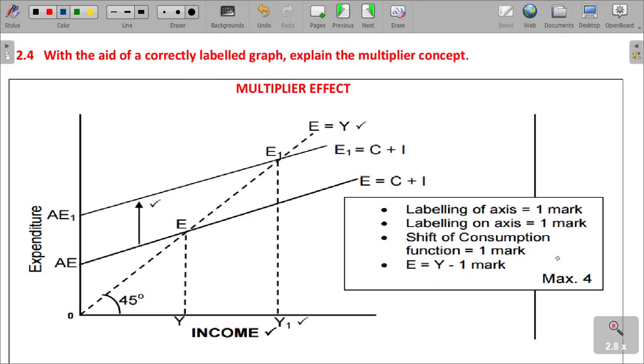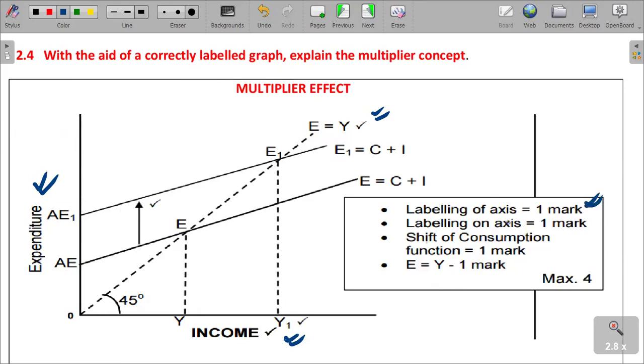So what we need to understand is that we have our multiplier effect, with expenditure on the vertical axis and income on the horizontal axis. Then we look at expenditure equal to income, which is given there, and then we need to label the axes, for which we get a mark for labelling.